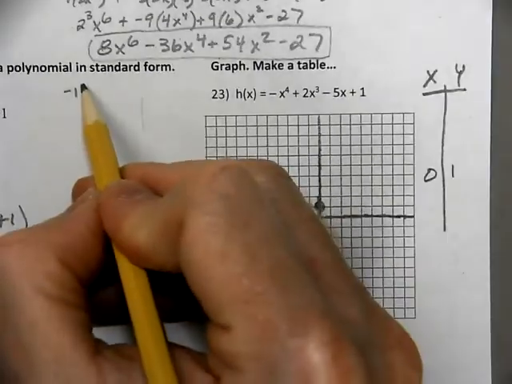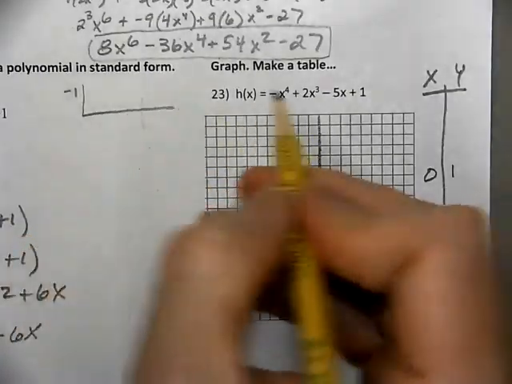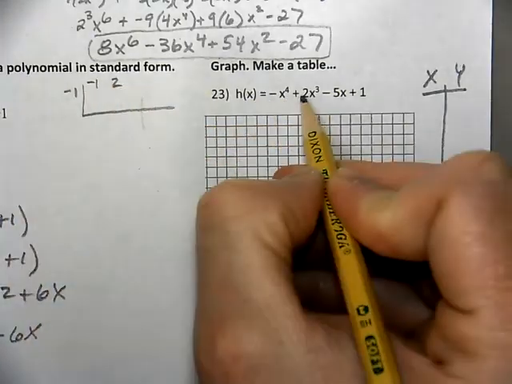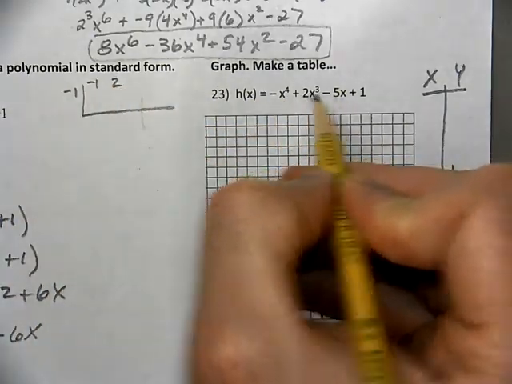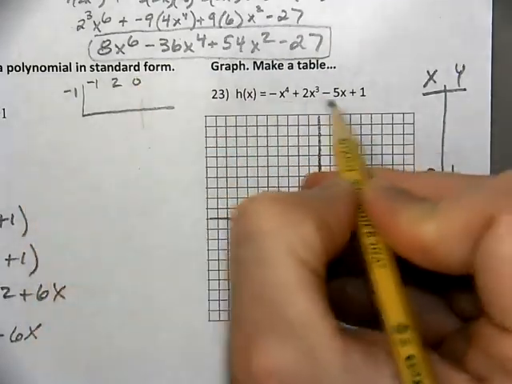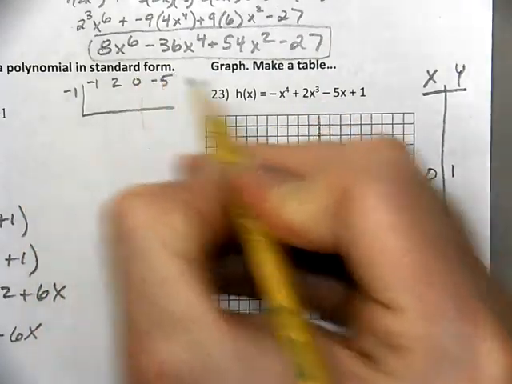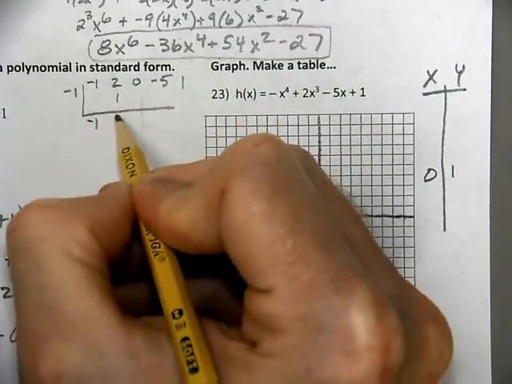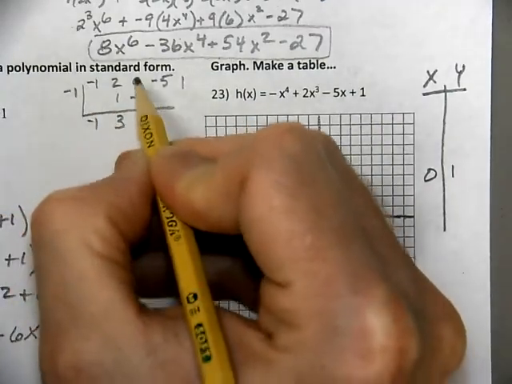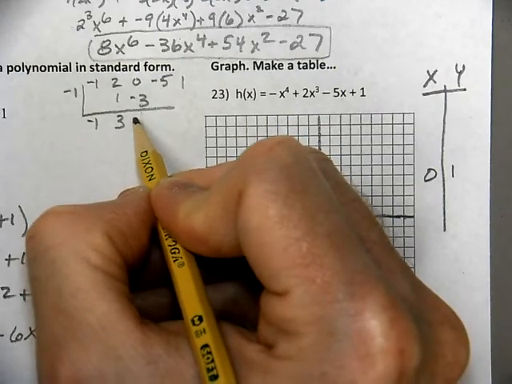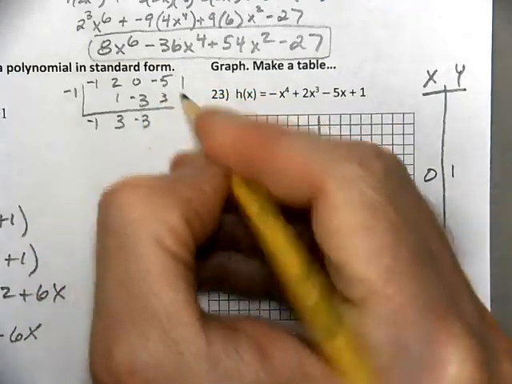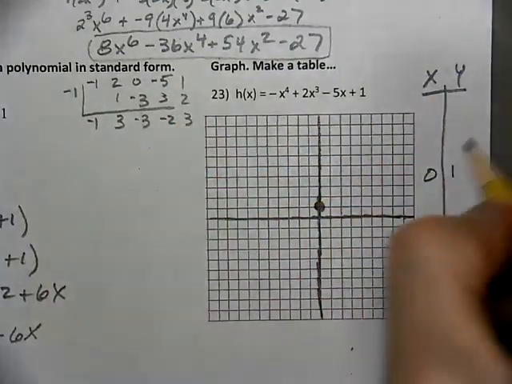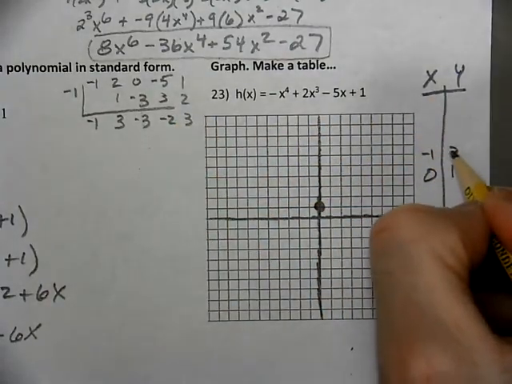When x is negative 1, plug in my negative 1, a 2. I don't have an x squared, so that's got to be my 0. Negative 5 and 1. Just doing our synthetic substitution. So at negative 1, I'm getting a value of 3.